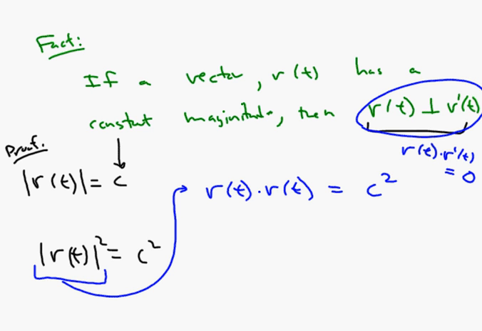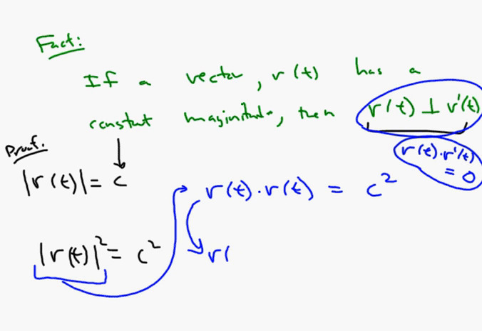Because if that were to happen, then I'd say the dot product is 0, so the vectors must have been perpendicular. So that's the goal. I know I want to get the derivative involved. It would be nice if dot products obeyed the product rule, and they do. That's also something that can be proven. I'm going to skip that one.